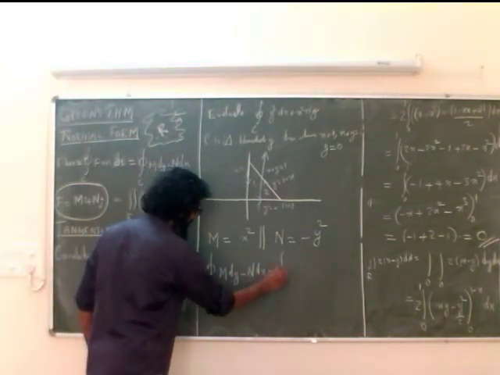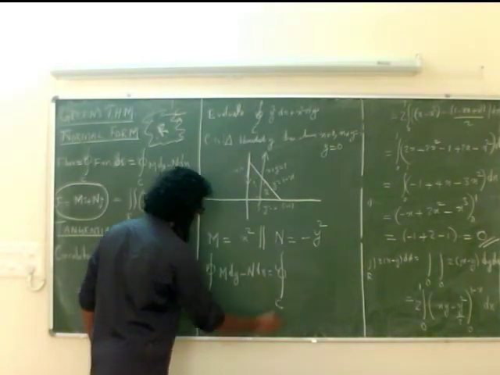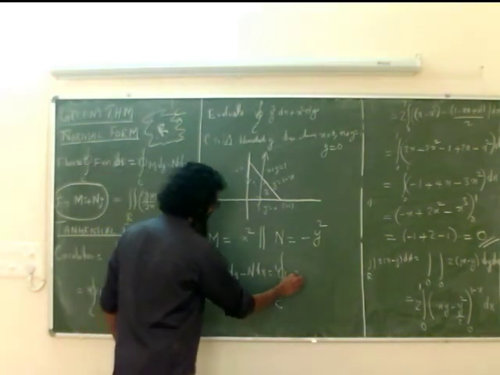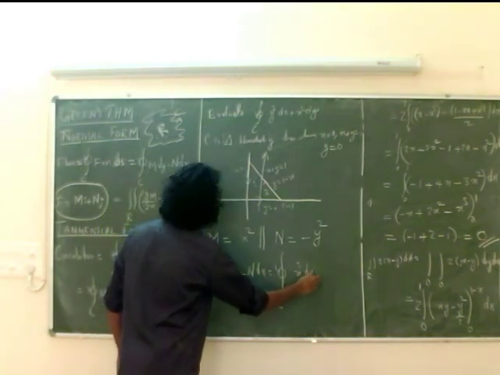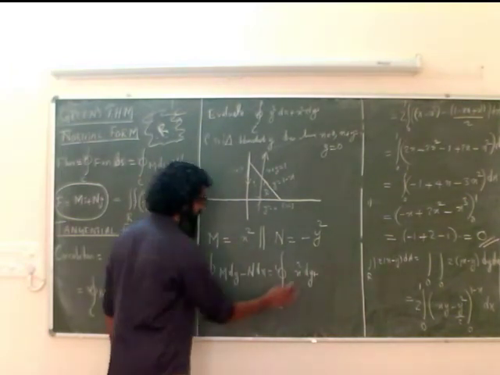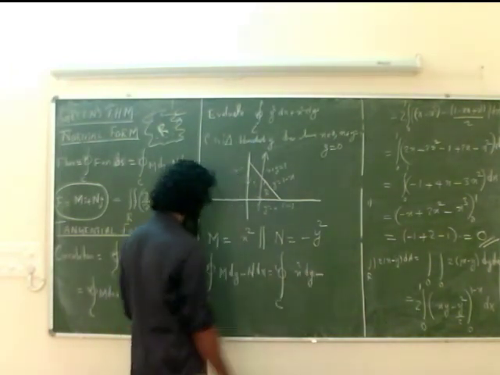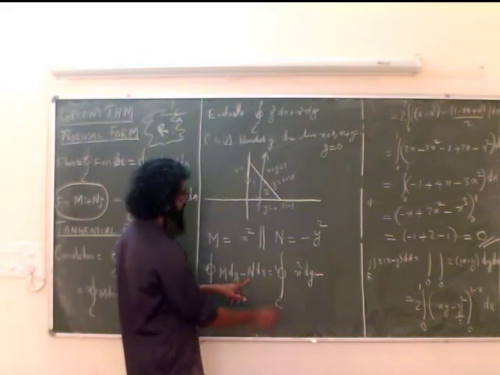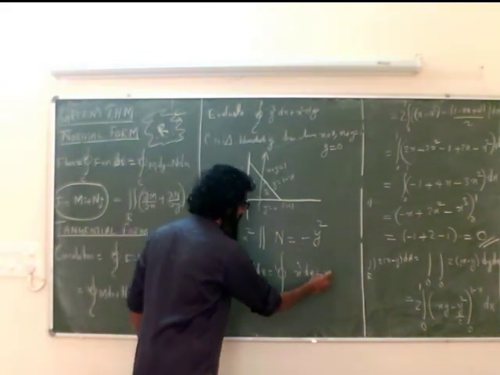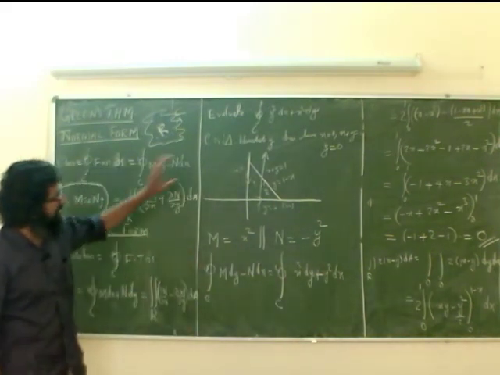It is equal to the integral over C of M dy, x square dy, plus, minus N is minus y square, so it is plus y square dx. So that is the same as the given question.